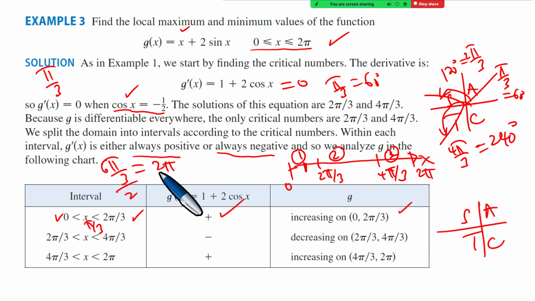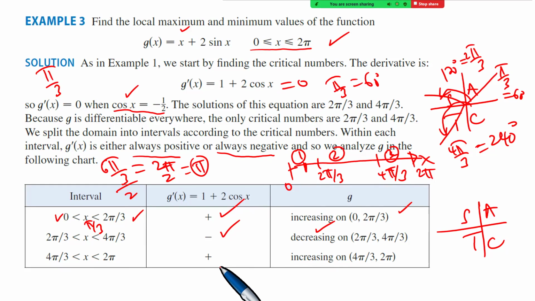Divide by 2 and you get exactly pi. Put pi in place of x in the cosine, so cosine pi becomes exactly -1. Then 2 times -1 is -2, and 1 minus 2 is -1. It's negative, which means it's decreasing from 2 pi over 3 to 4 pi over 3.